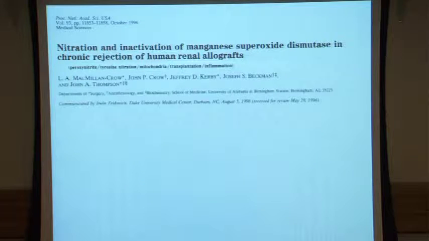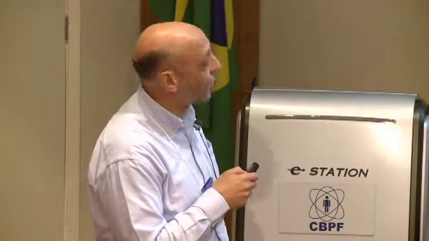And in a seminal paper published by Joe Beckman in 1996, they found that in human samples obtained from kidneys of patients that had transplantation, and what they call the resection of kidney is an inflammation that you have, allograft resection.